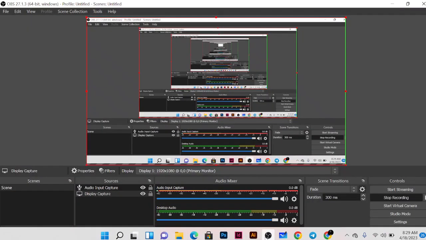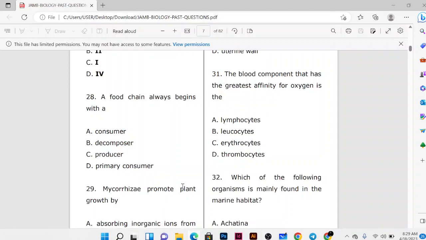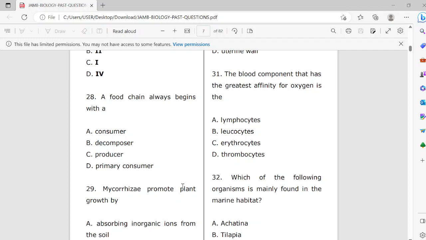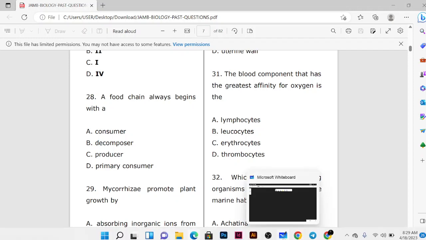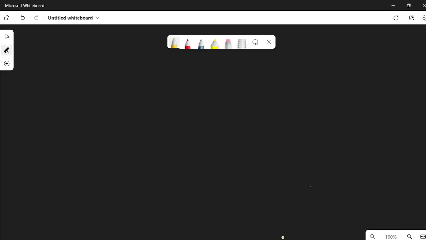And so for us to be able to answer that particular question, we will quickly be looking at the topic that this particular question is emanating from, which is functioning ecosystem.